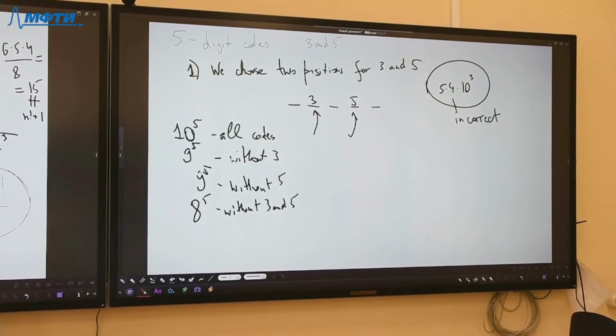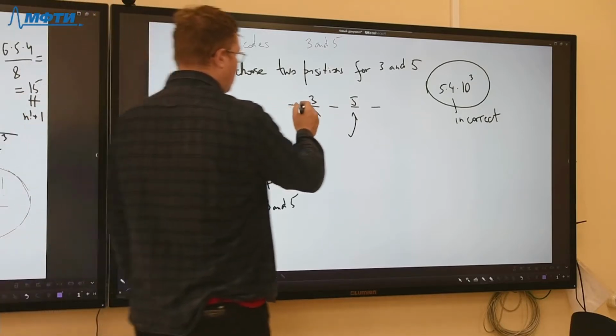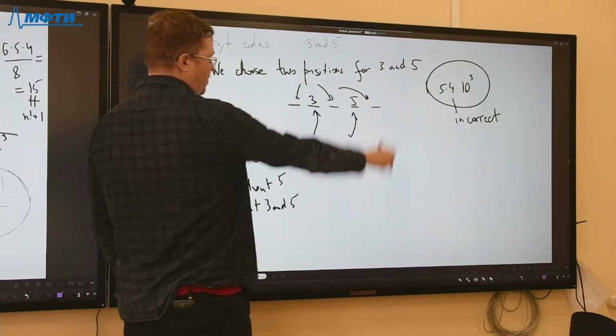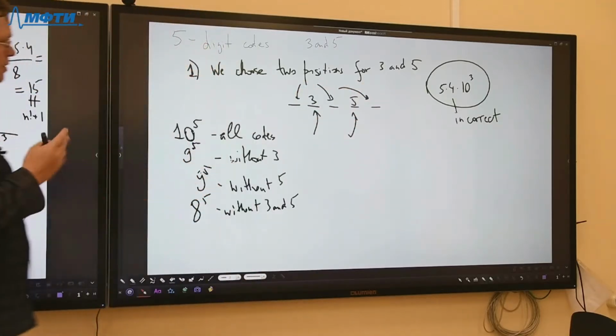Because 3 can be in another position. Yeah. So for example, if these digits are not 3 and 5, then in this case it is okay.